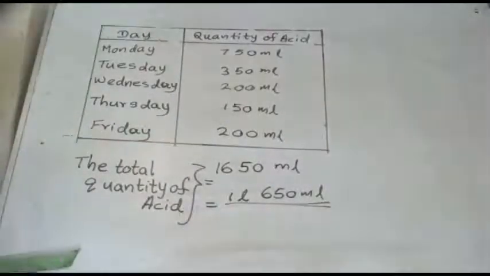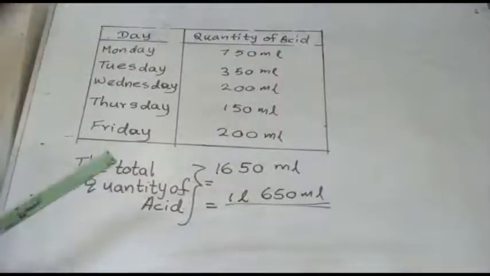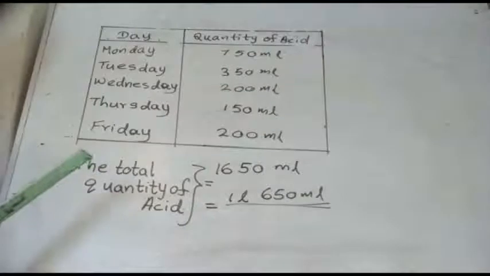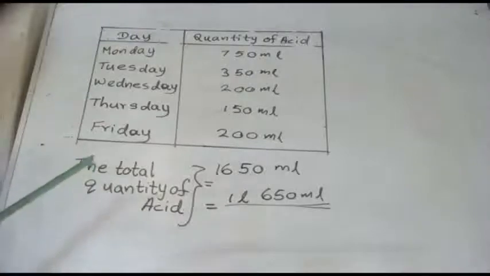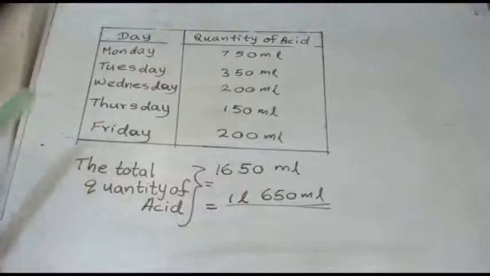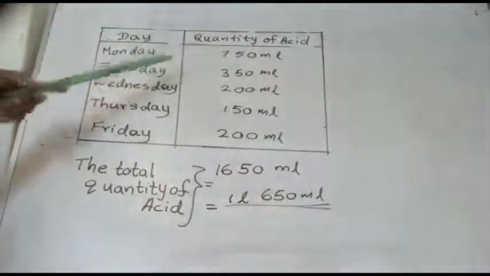The quantity of acid in a certain vessel in a laboratory was 3 liters. The quantity of acid taken from the vessel for various practical experiments during each day in a certain week is given below. Monday is 750 milliliters.